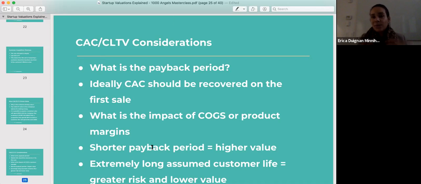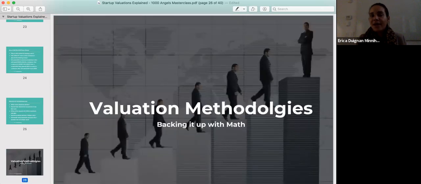So, a couple of things to think about: a shorter payback period definitely leads to higher value on the company. An extremely long assumed customer life, if they're like, yeah, we expect our customer to be on for the next 5 years, I wouldn't buy it. That implies much greater risk and lower overall value.